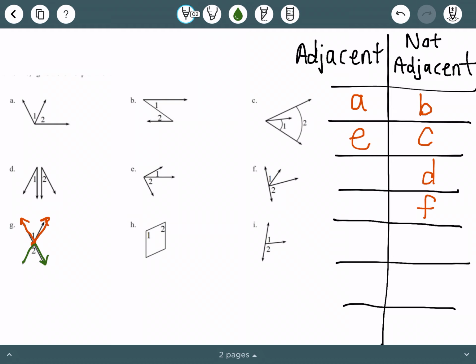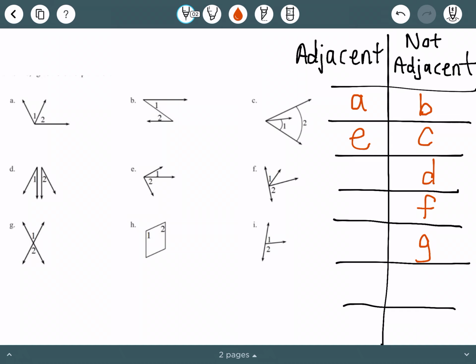So we can't say that they share a common side. They don't, which means that they are not adjacent. But you might have noticed that they are vertical angles. And if you did notice that, good job.